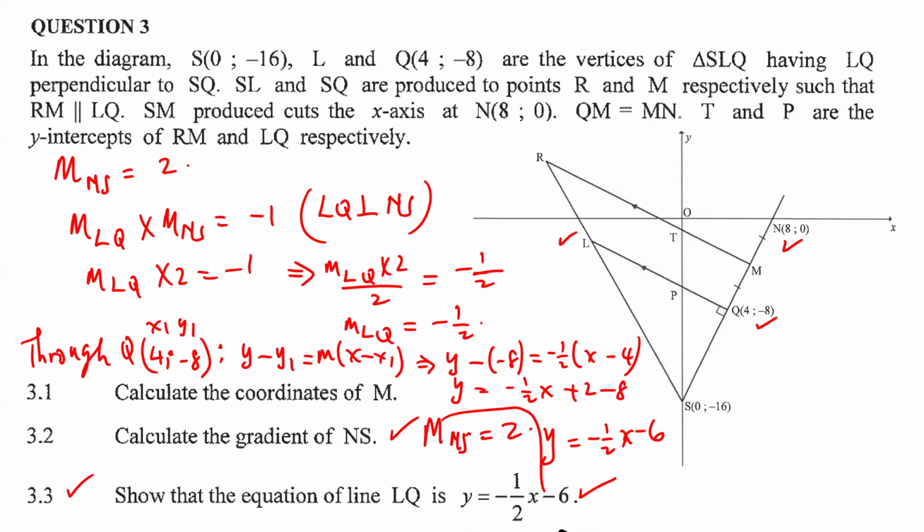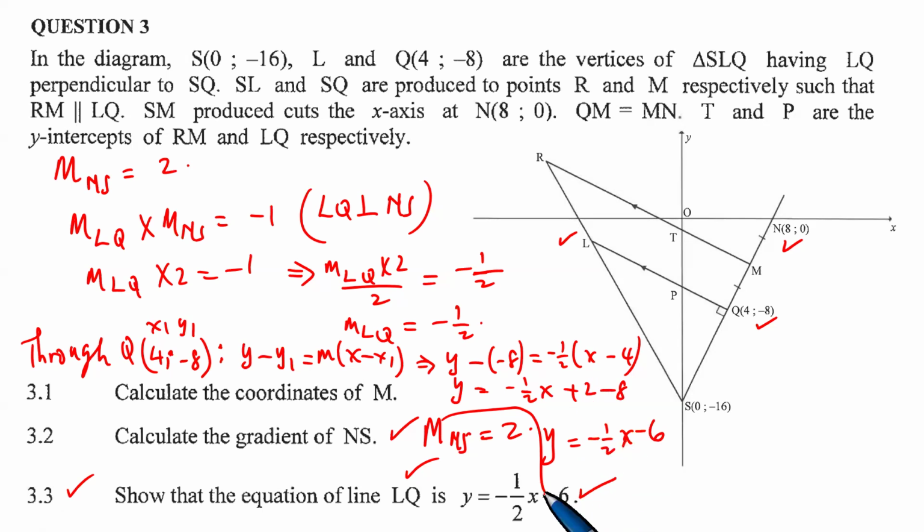It was already given in the question to show, and we were able to show that the equation of the line LQ is this one. We got the answer the examiner expected, y equals minus 1/2 x minus 6, so we have solved question 3.3.